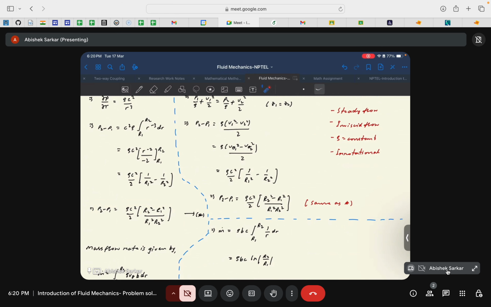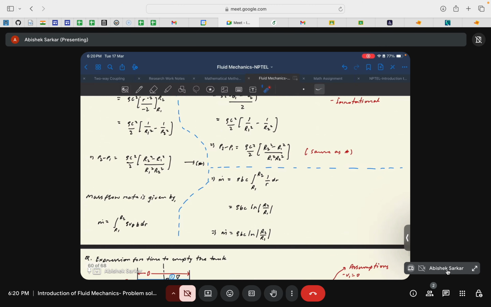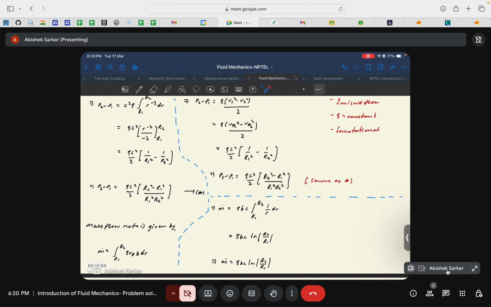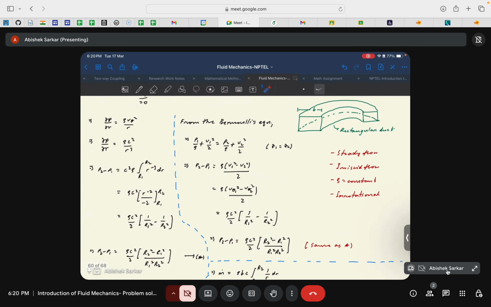And of course, if you want to find the mass flow rate, it will just be ρ vθ b dr, because your vθ is the only velocity component in this case, and the area of the duct would be b times the distance between r1 and r2.